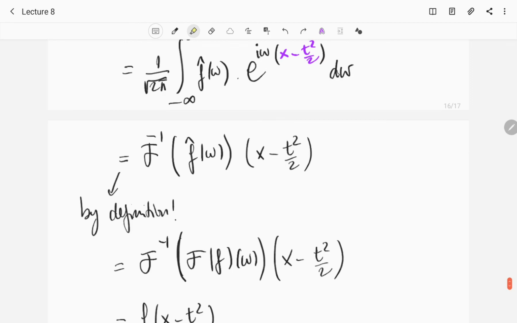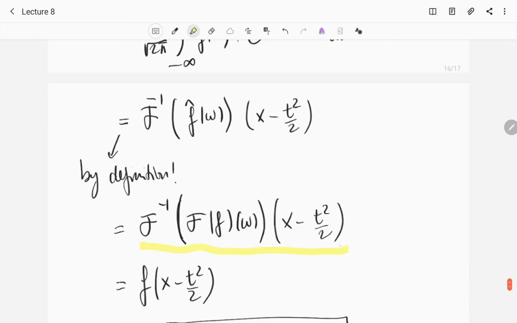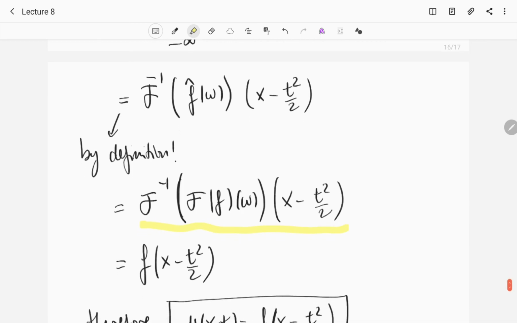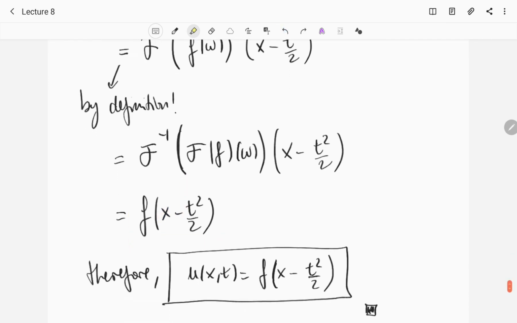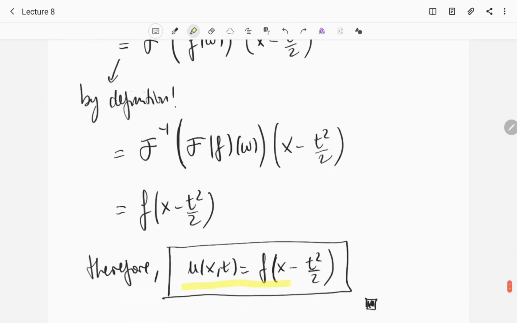By definition, here is more notation just to convince you that this is true, but just think about it for a couple of minutes and you will see that this is exactly f at x minus t squared over 2. So what we get is that our solution u of x, t is this function f evaluated at x minus t squared over 2.